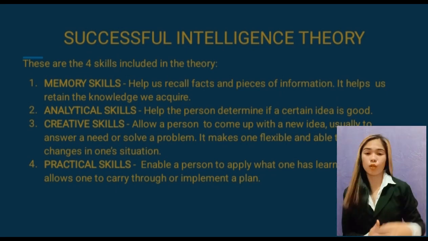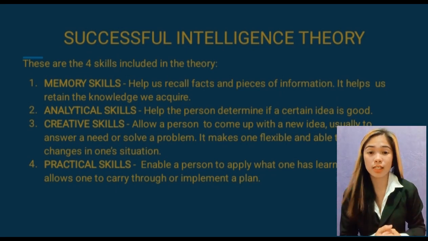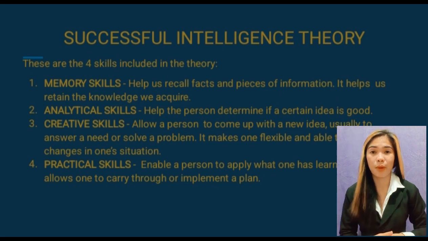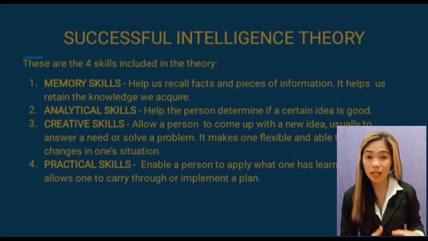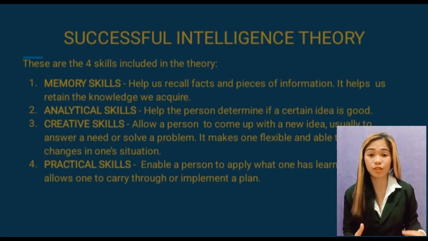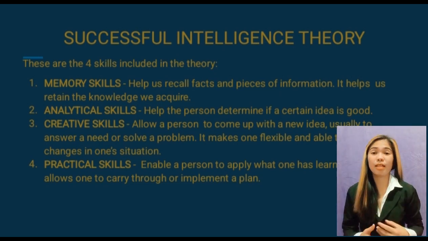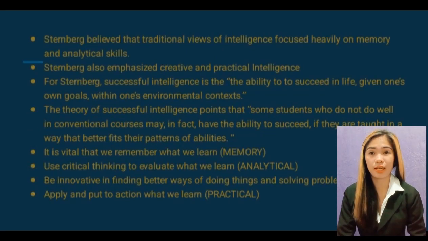And that is why I can say that these 4 skills that Sternberg mentioned in the successful intelligence theory really are important factors to be successful, to be intelligent in school, and not just in school but in anything that we do. And now let us proceed to the next slide.